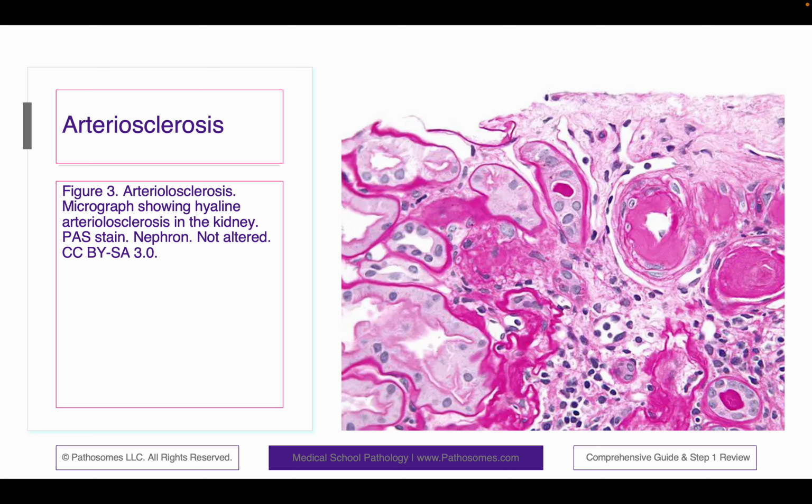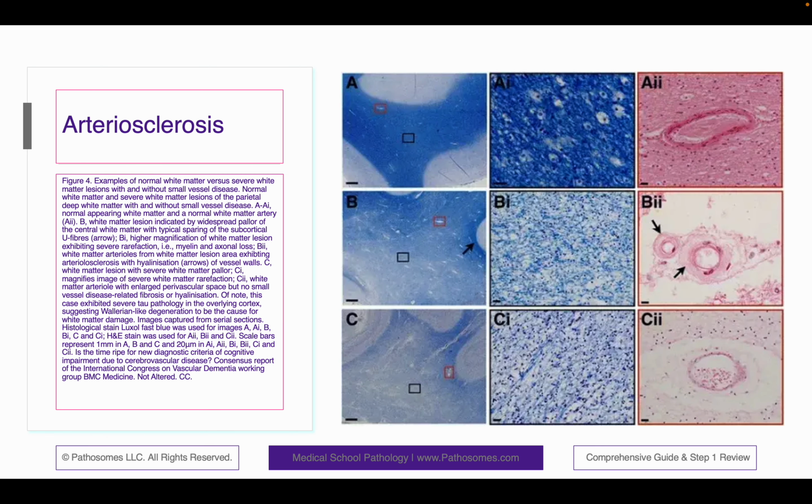See all of that thickened eosinophilic tissue? Arteriolosclerosis can even affect the vessels of the brain, as we see here. You can pause it and read through the description if you want, but for brevity's sake, just know that arteriosclerosis primarily affects those smaller vessels.